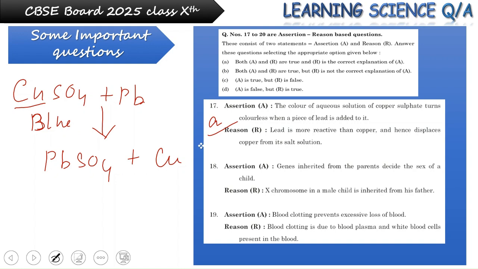Next question here is genes inherited from the parent decide the sex of the child. Yes, this is true. We get genes from our parent.